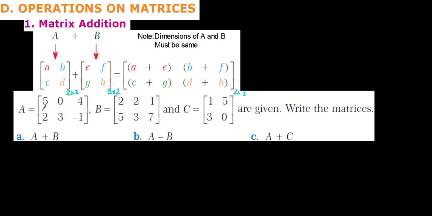As you see here, the first matrix is A plus B, it is asking. I'm writing immediately A plus B: 5, 0, 4, 2, 3, minus 1, plus 2, 2, 1, 5, 3, and 7.